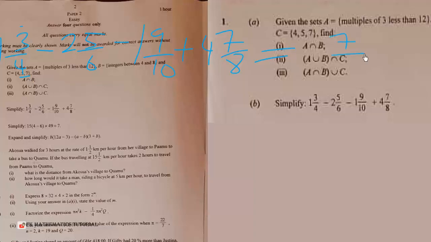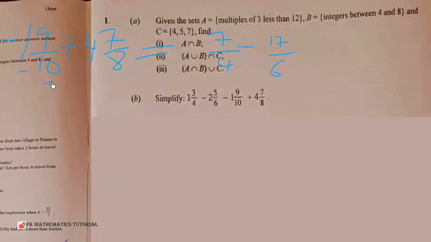So 7 over 4 minus 2 times 6 is 12 plus 5 is 17 over 6. Then we have 1 times 10 is 10 plus 9, 19. So 19 over 10. Then 4 times 8 is 32 plus 7 is 39 over 8.